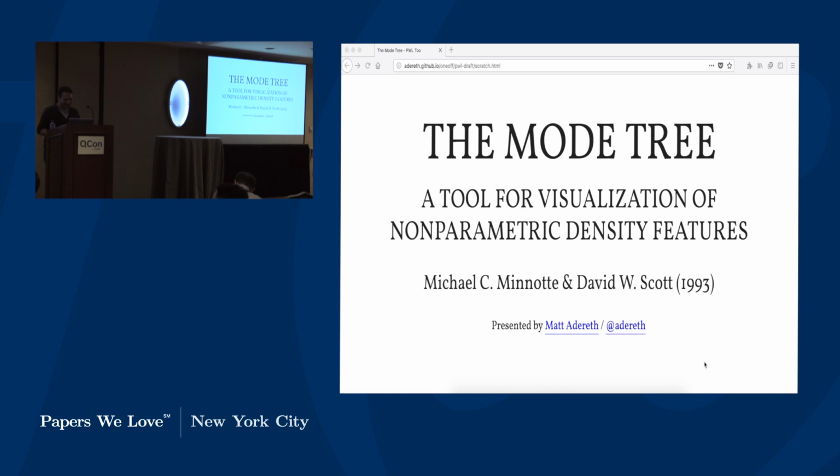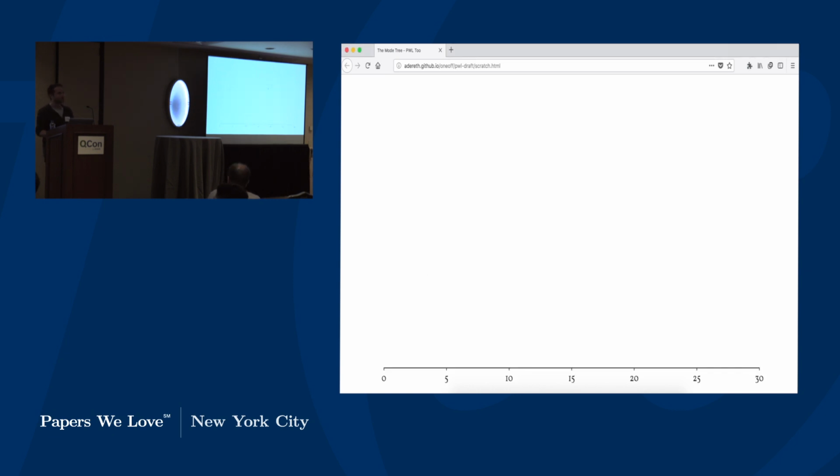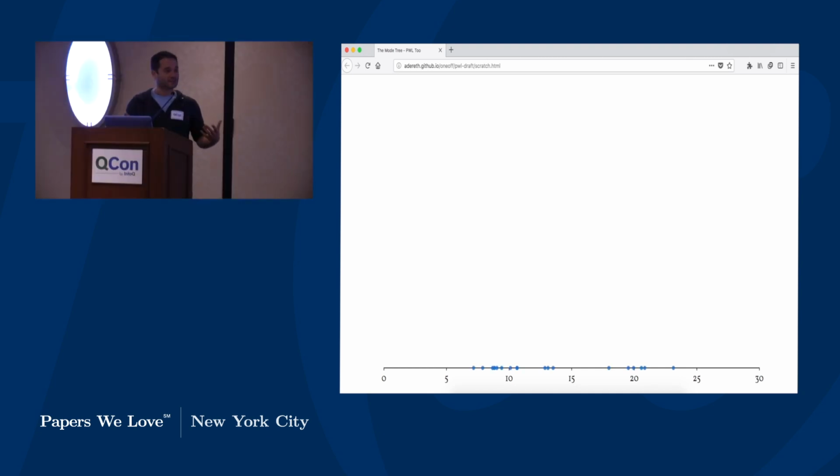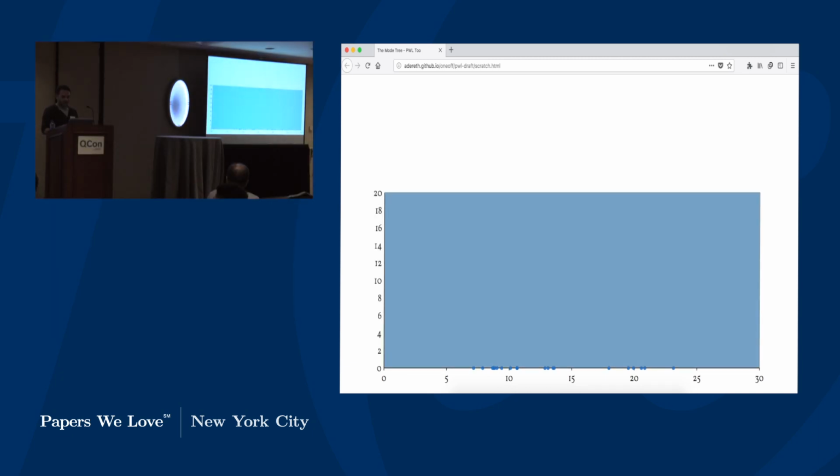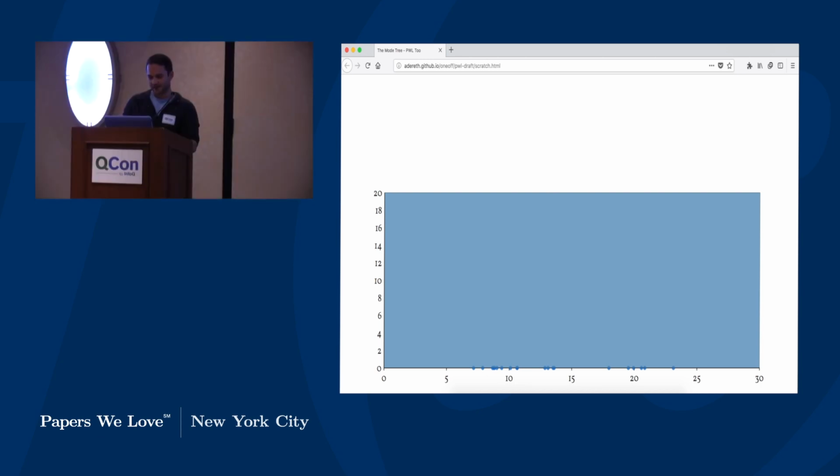All right. So the problem that it tries to solve is one of understanding the shape of your data. This happens all the time. We measure something, and we get a bunch of values, and we want to plot it.